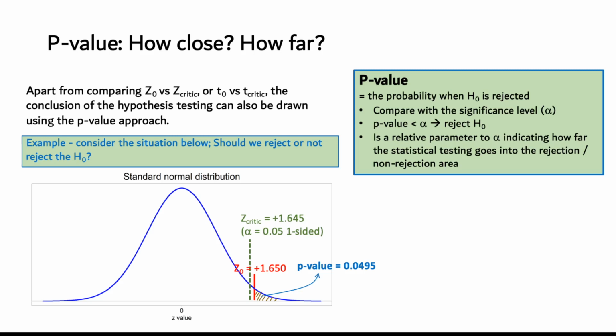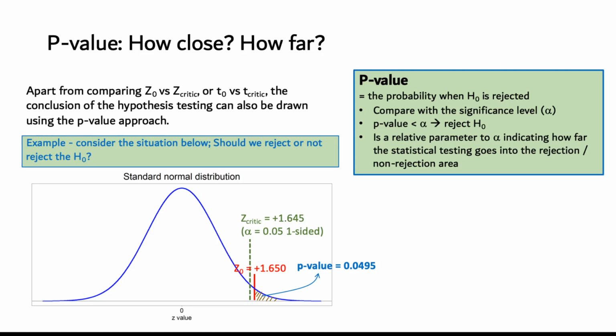This may be unsatisfactory because some decision makers might be uncomfortable with the risk imposed by choosing alpha 0.05. To avoid these potential difficulties, the p-value approach to hypothesis testing has been widely adopted in practice. So the p-value basically is the probability at which H null is rejected. We can compare the significance level with the p-value.